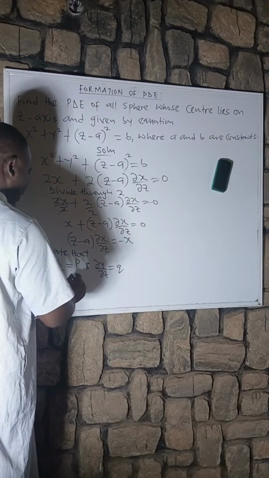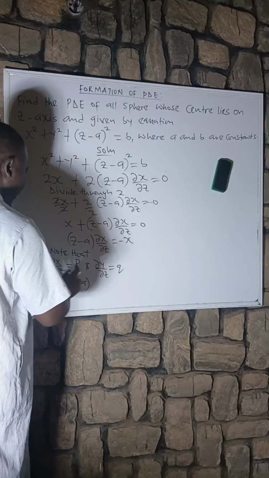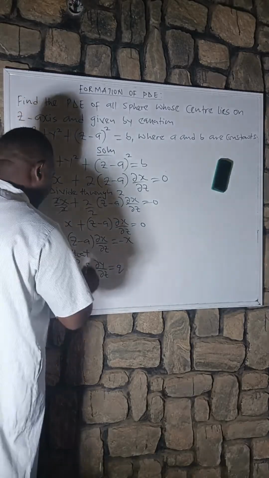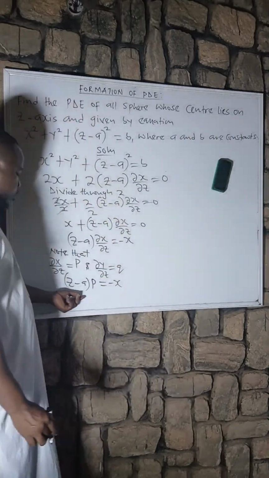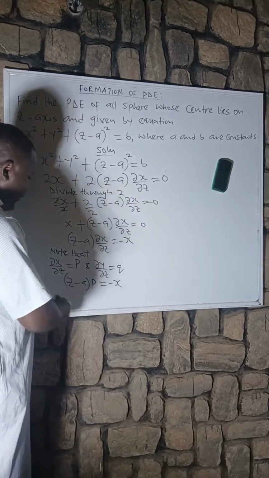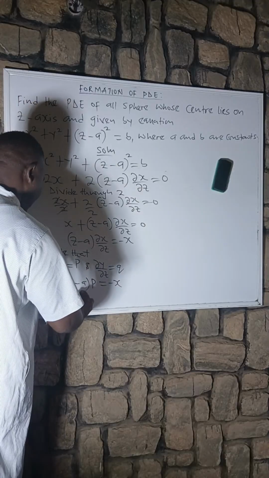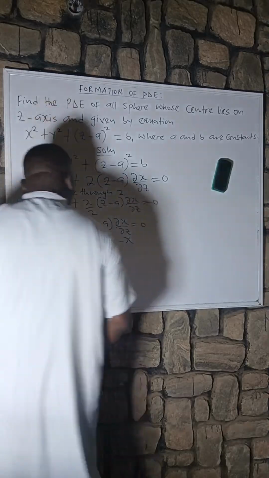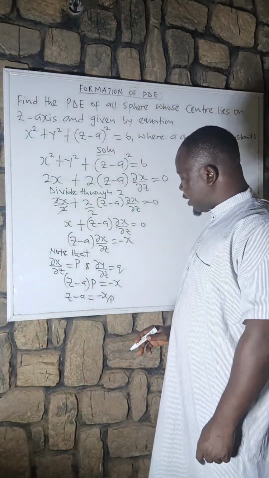Here we are going to have z minus a, instead of partial x over partial z, we write p, equals minus x. So when we make z minus a the subject of the formula, it will now become minus x over p. Are you following? Do you understand? Okay. So far, so good.